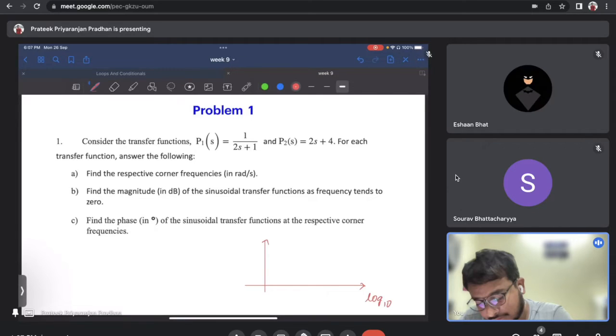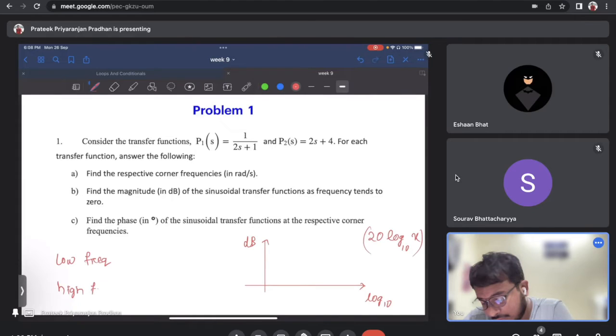So what is the corner frequency? Any transfer function typically behaves in two ways: one in the low frequency range and another in the high frequency range. You must understand that the Bode plots we plot are approximate diagrams, not exact, but approximate enough to analyze the whole system.